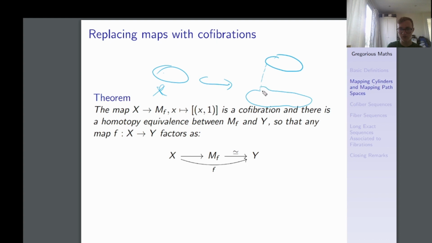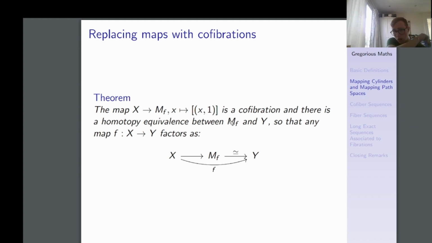So that's what this map actually does. This x mapping to the equivalence class of x1. It's literally just including our original space to the top of the cylinder.